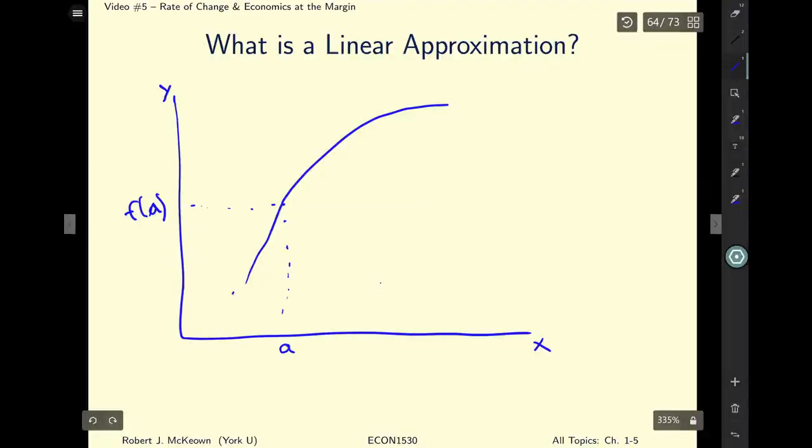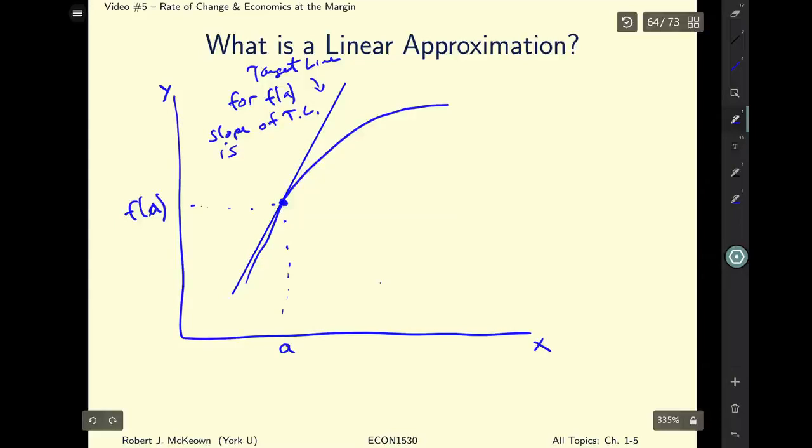Now, I'm going to use the tangent, so I can draw the tangent. We've got a tangency point right here at A. So this is the tangent line for f of A, and the slope of the tangent line is f prime A. Right.